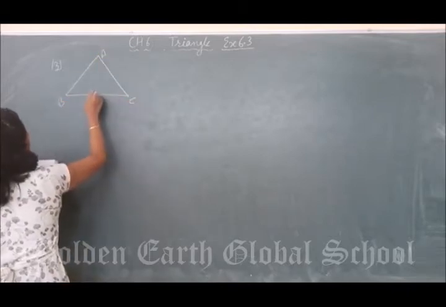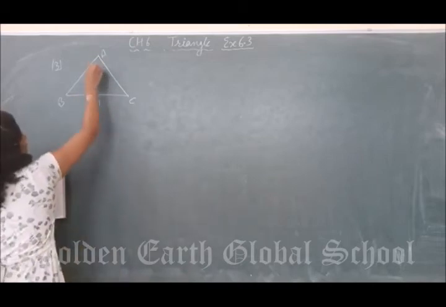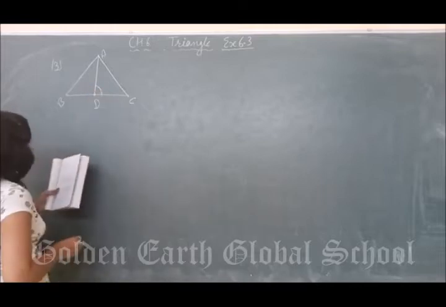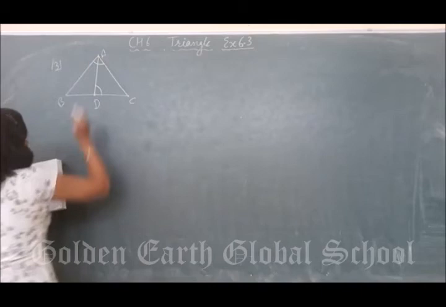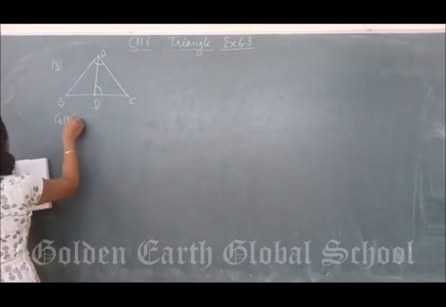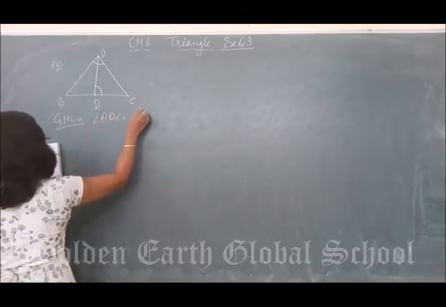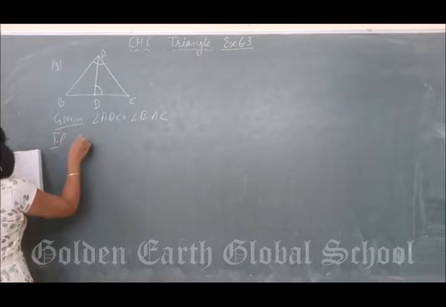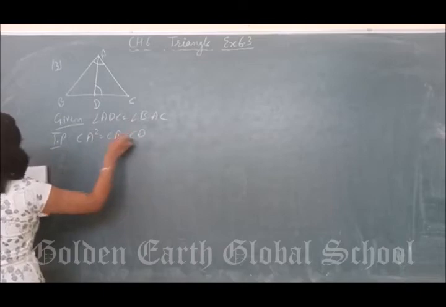Here D is any point such that angle ADC is equal to angle BAC, this complete angle. First of all, write down given: angle ADC is equal to angle BAC. To prove: CA squared is equal to CB into CD.